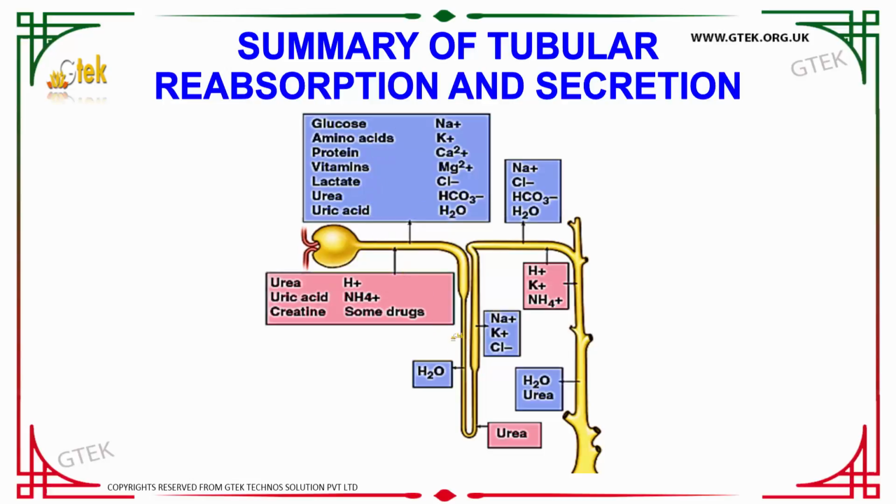The water is absorbed in your Henle's loop, and which will generate the urea. Your sodium, potassium and chloride ions are produced over here, which in turn will produce your hydrogen, potassium and ammonia. So finally you'll be getting urea.